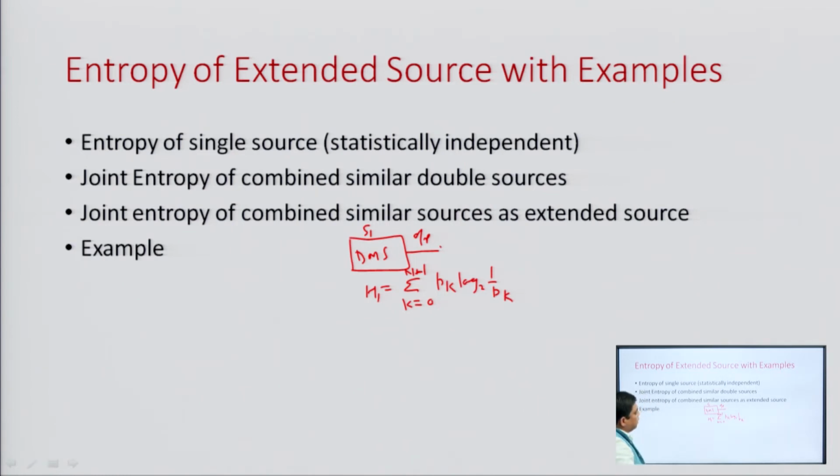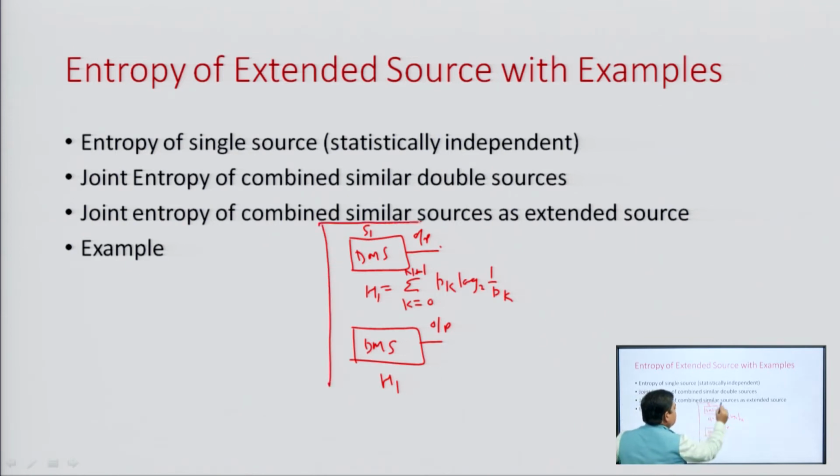Suppose there are two similar sources. This is also a similar discrete memoryless source with the same entropy H1, producing one symbol at a time. Suppose both sources are working, making it a single source.